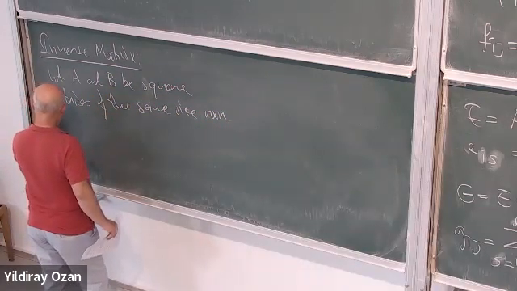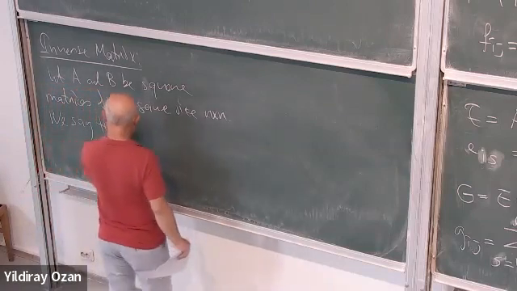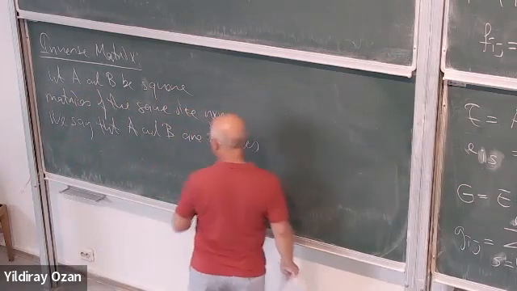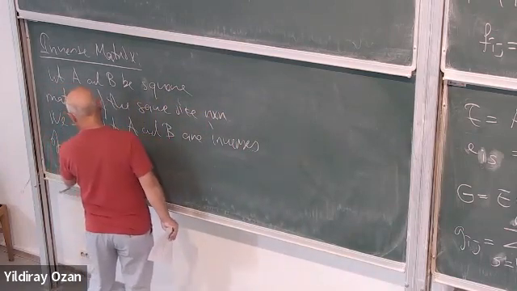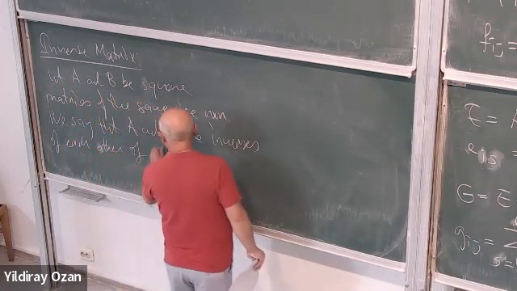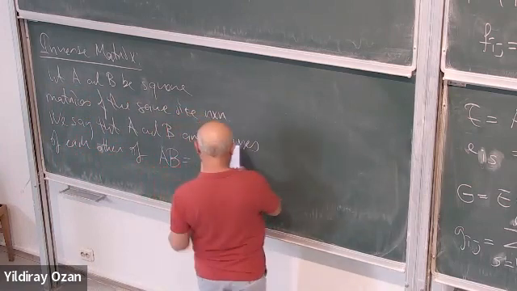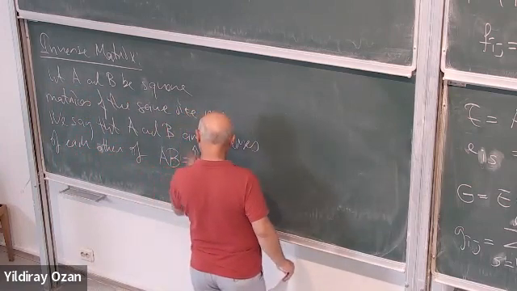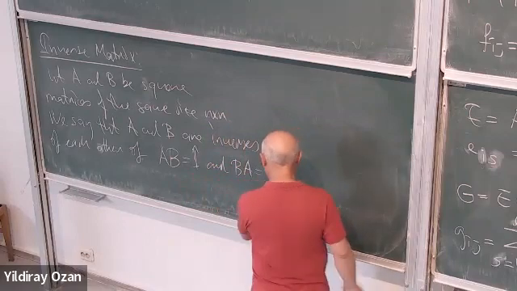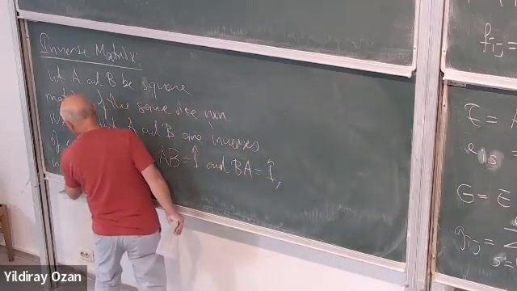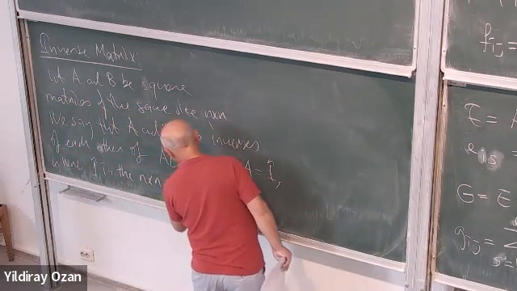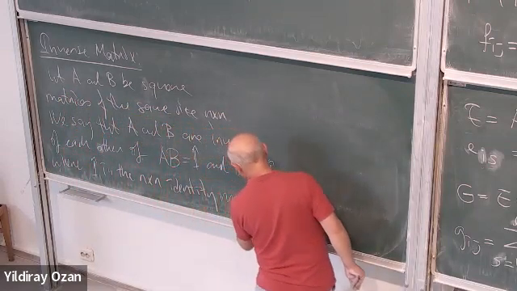We say that A and B are inverses of each other if A times B is the identity matrix, and B times A is the identity matrix, where I is the n by n identity matrix.